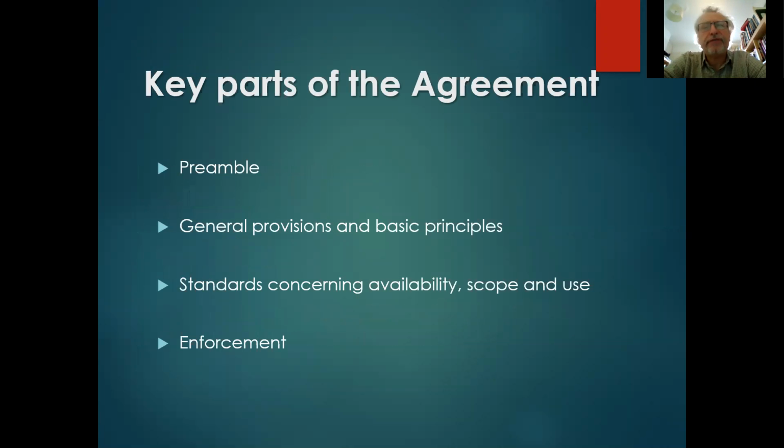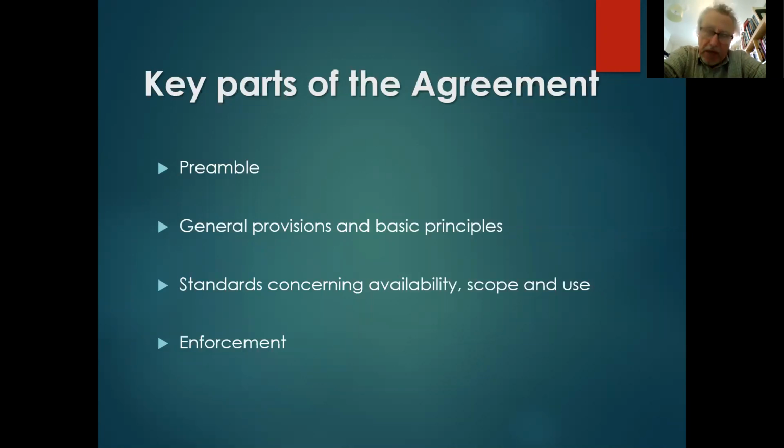But first, some key parts of the agreement. Like most international agreements, there is a preamble which sets out the general reasons for the legal instrument. Why have it? What purpose is it meant to fulfill? And it sets out some of the basic principles.